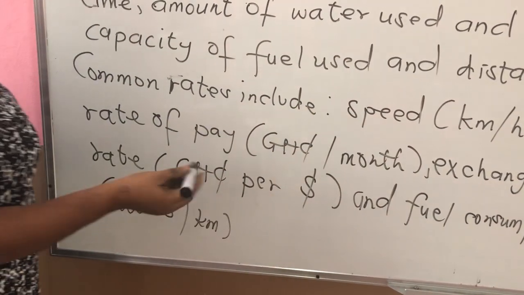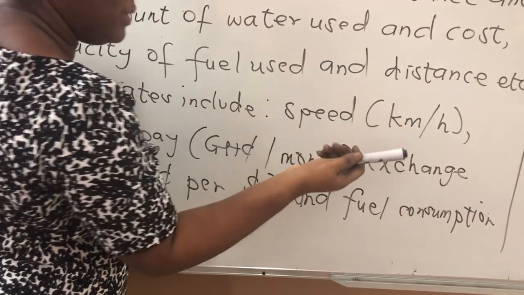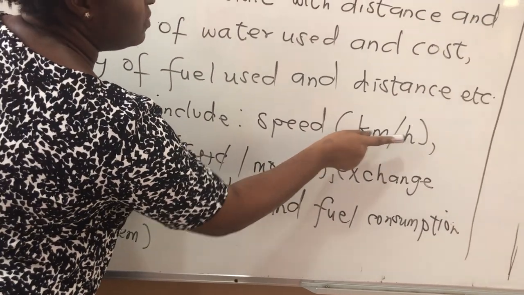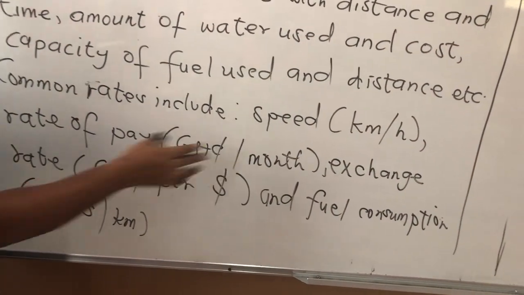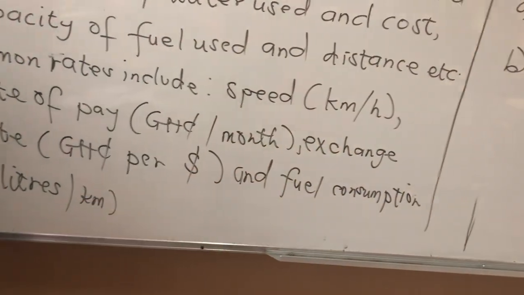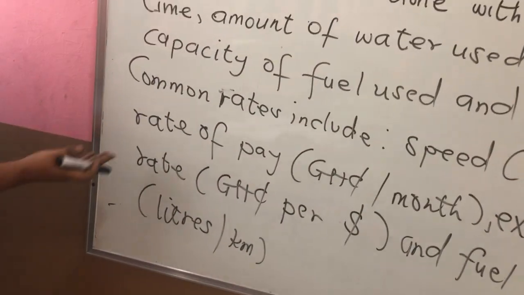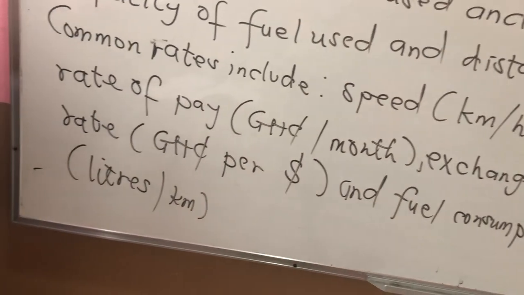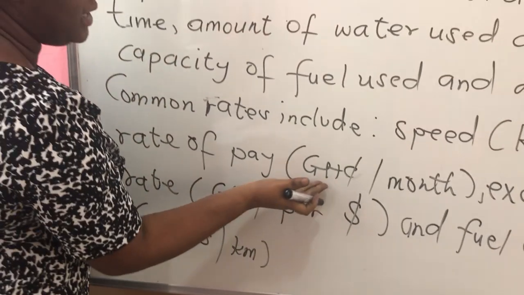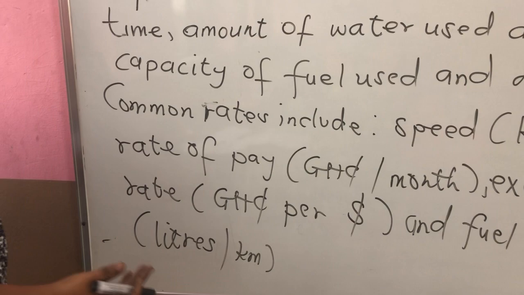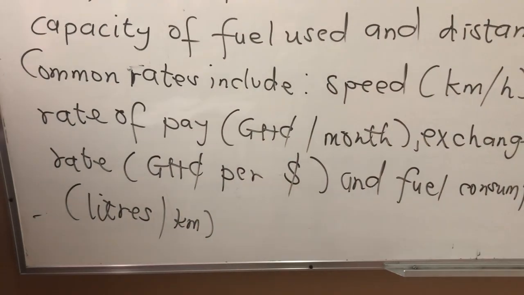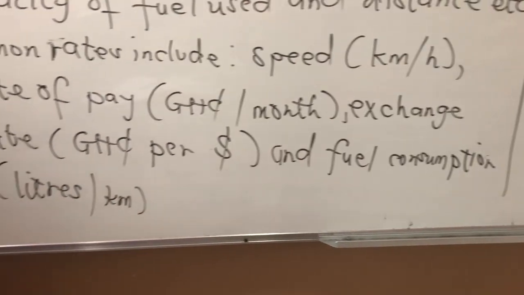Speed. What is the rate for speed? You normally hear questions like, what is the speed in kilometers per hour? Kilometer per hour. Another example of rate is a rate of pay. What is his salary per month? So it can be his money in Ghana cedis per month. You can also have other rates like exchange rate.